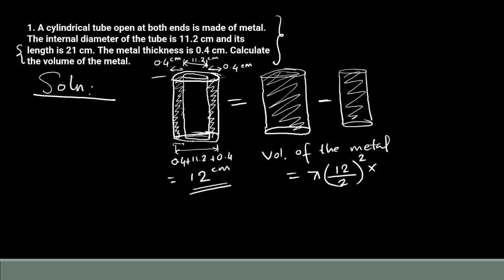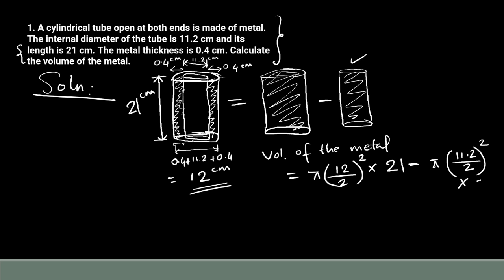The diameter of the tube is given and the length of the tube is given, that is kind of height: 21 centimeter. So the volume of the metal is pi times (12 by 2) whole square times 21, minus the internal cylinder: pi times (11.2 divided by 2) square times the height, or length, which is the same.